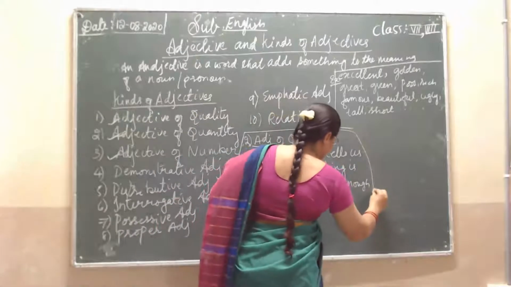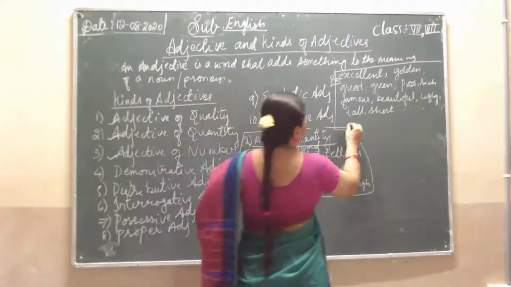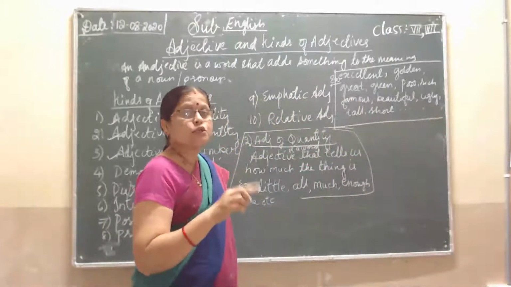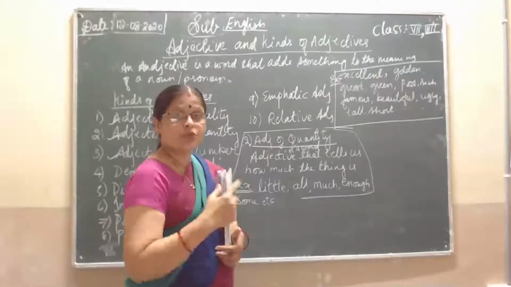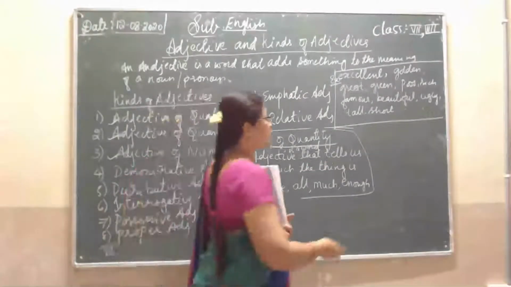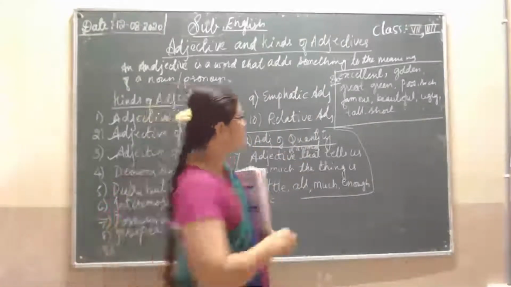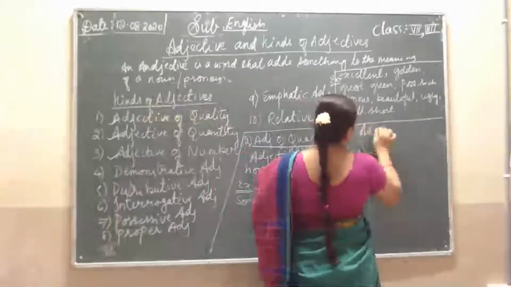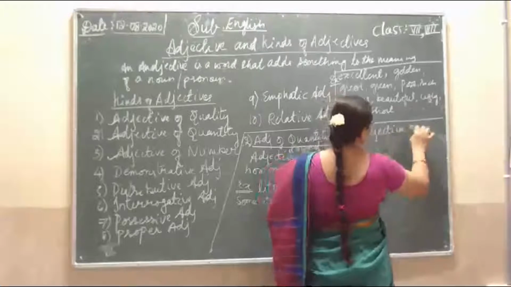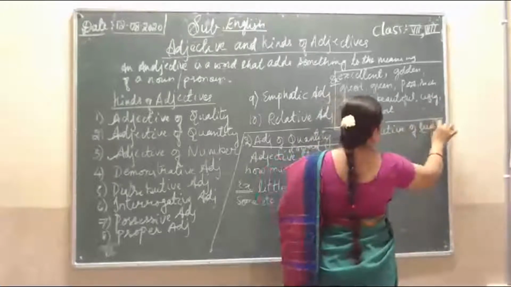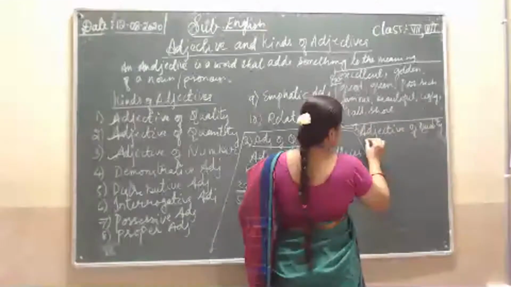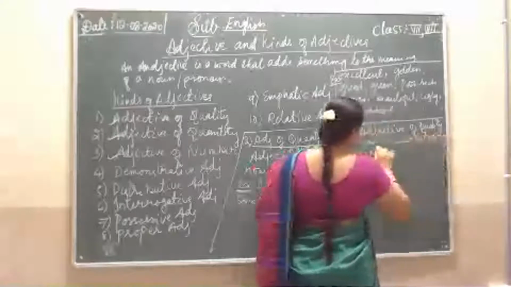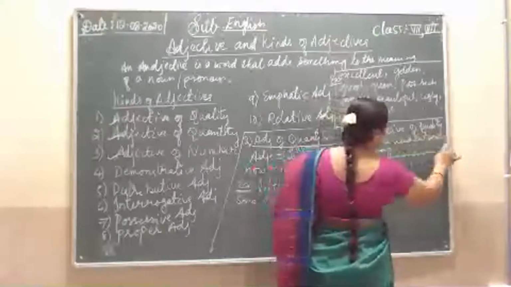Here we will be using the adjective of quality in two ways, that is attributively and predicatively. The adjective of quality can be used in two ways.